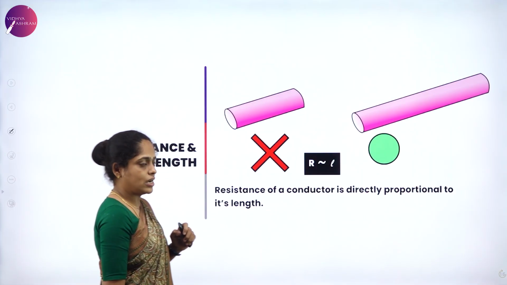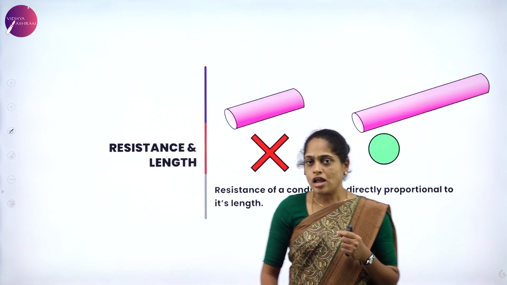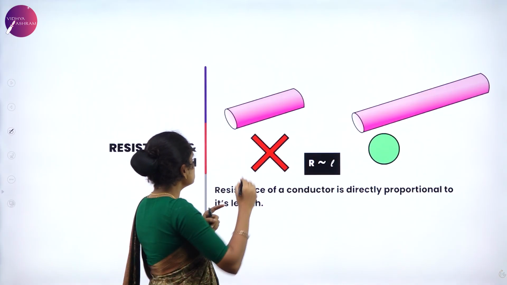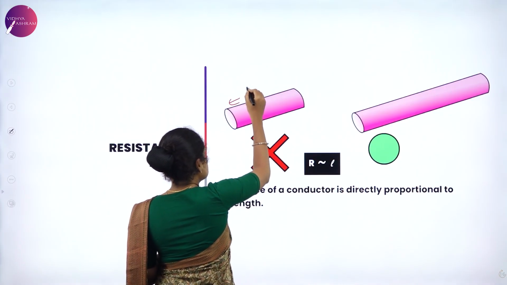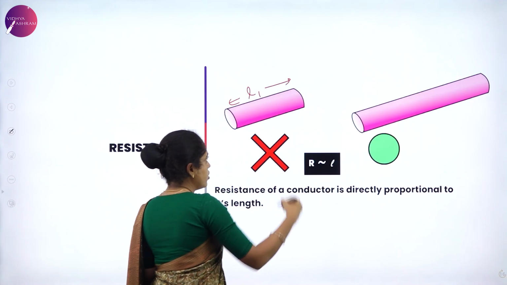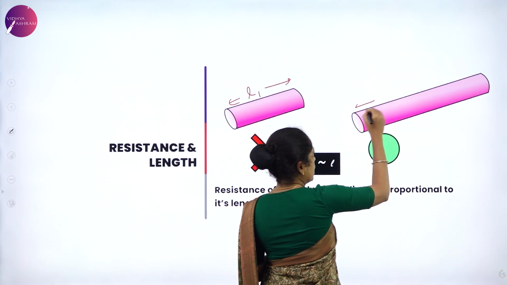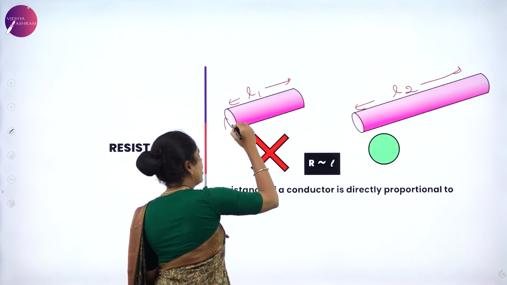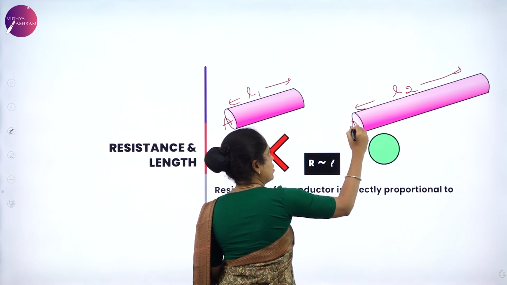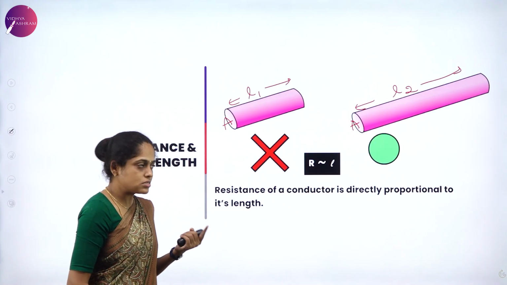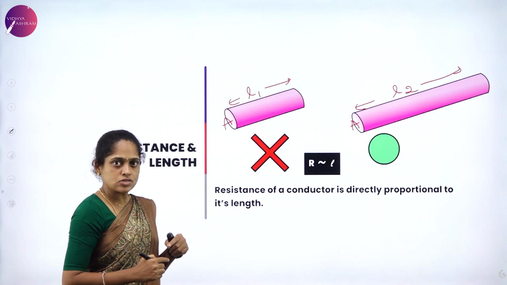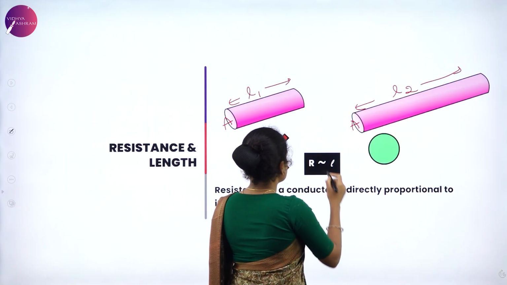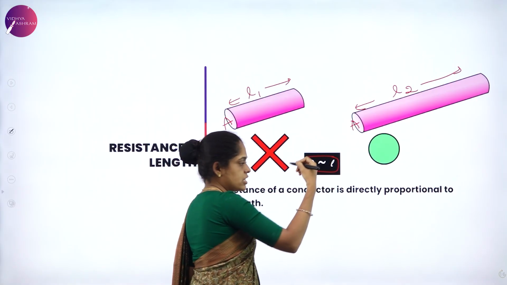The next quantity is length. Now observe the same two conductors. For the first conductor, let us consider the length as L1 and the second conductor length as L2. But the area remains the same. Now in this case, which one has higher resistance? Yes. You know the relation between the resistance and the length.